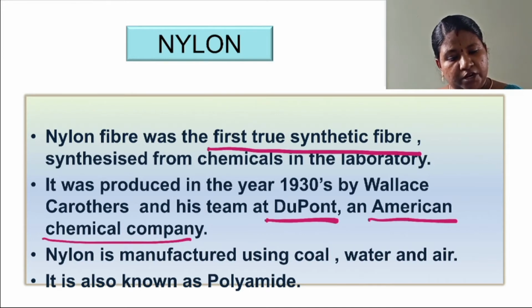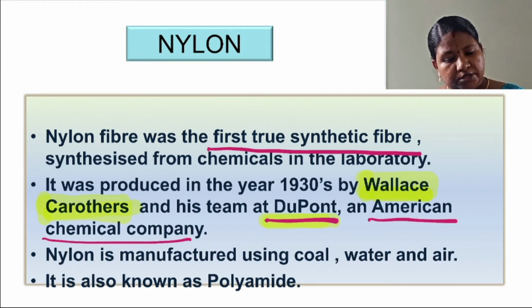It was done by a scientist called Carruthers. The name of the scientist is Carruthers, who produced this synthetic fiber in the laboratory. As I already told you, it was done in the laboratory called DuPont in America. Fine.